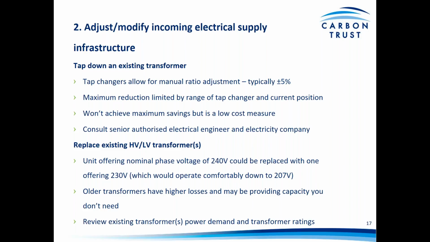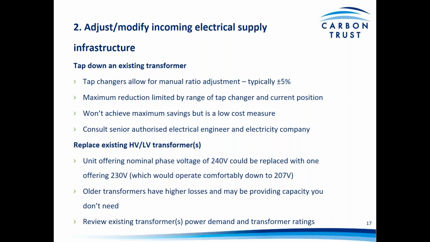The second option here would be to actually replace the existing transformers on site themselves. So for example, a unit offering a nominal phase voltage of the traditional 240 volts could be replaced with one offering 230 volts. And this would operate comfortably down to 207 volts.